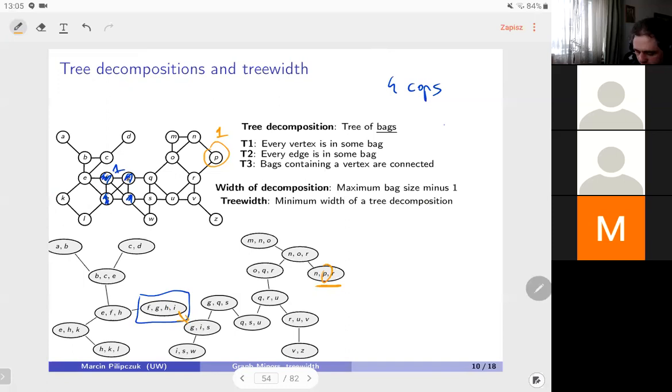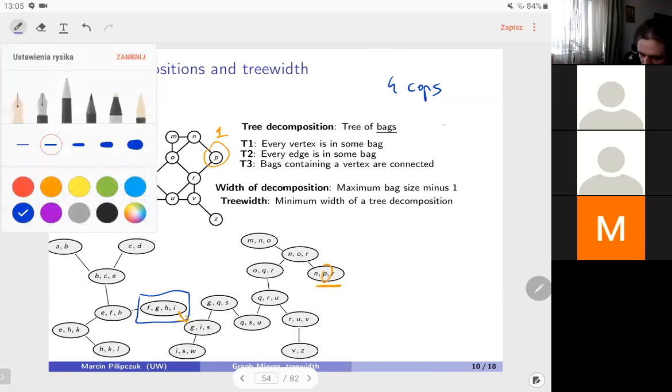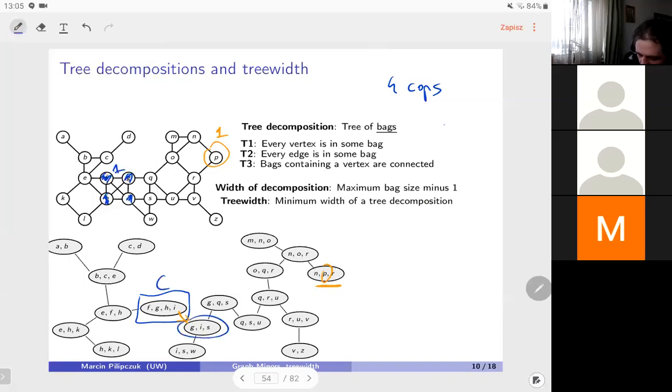This is my C, and I want this one to be my C prime. I want to move my cops by one bag in the direction of the bags where the robber is. I define C prime to be GIS, and C was GHIF.